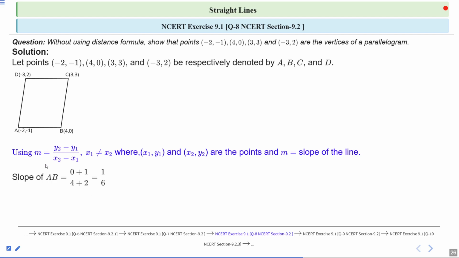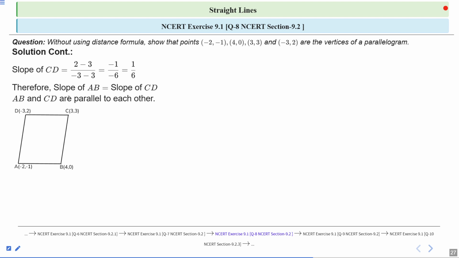Then substituting the values of minus 2, minus 1 and 4, 0, we got the slope of the line segment AB as 1 by 6. And the slope of CD is basically 2 minus 3 divided over minus 3 minus 3, which is minus 1 over minus 6, equal to 1 by 6.